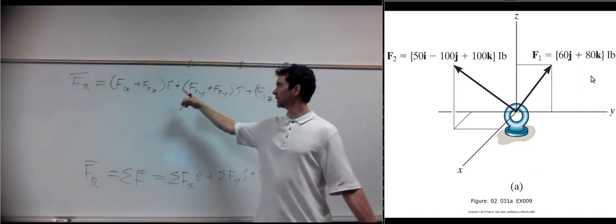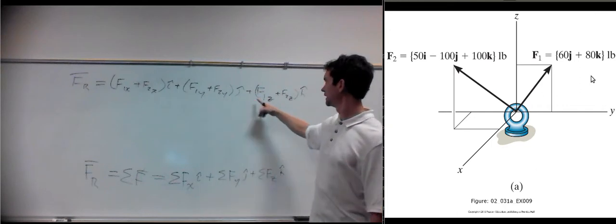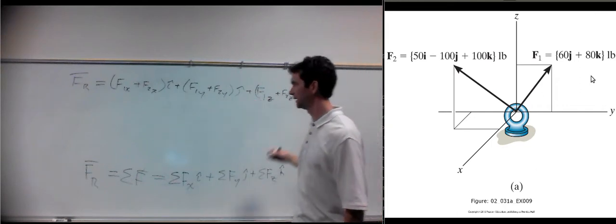F1x plus F2x times i, F1y plus F2y times j, F1z plus F2z times k.